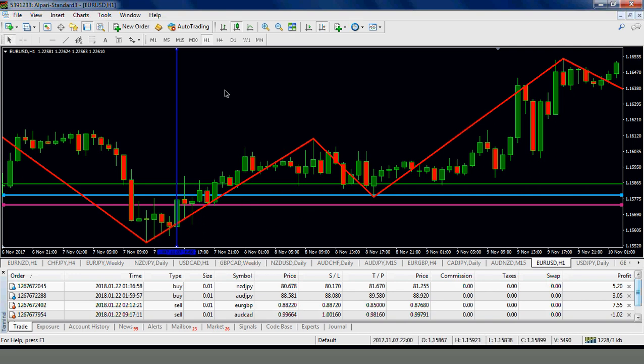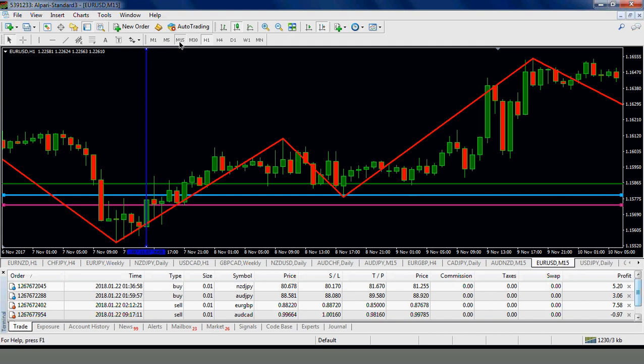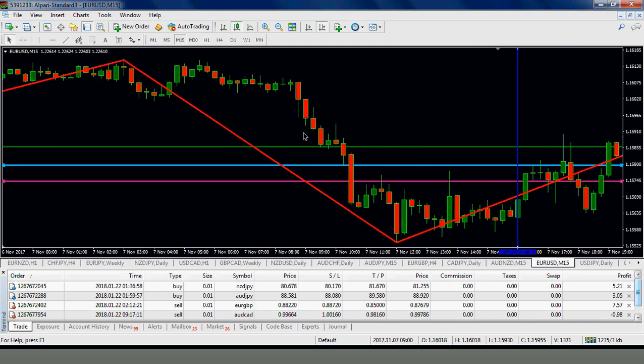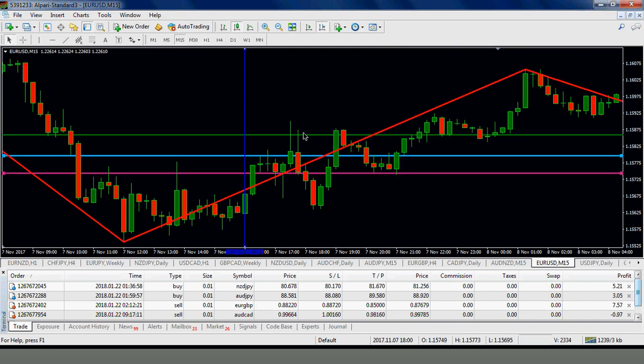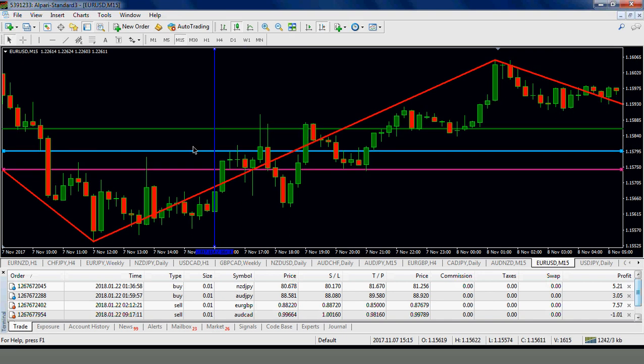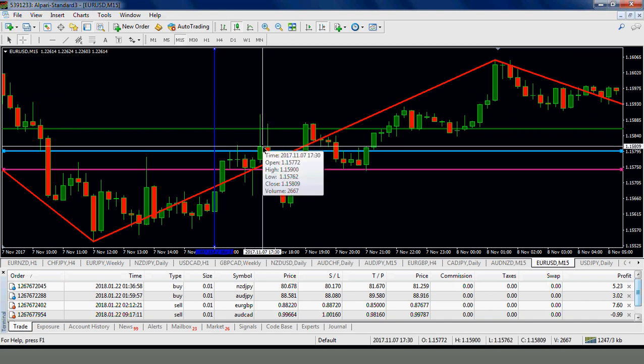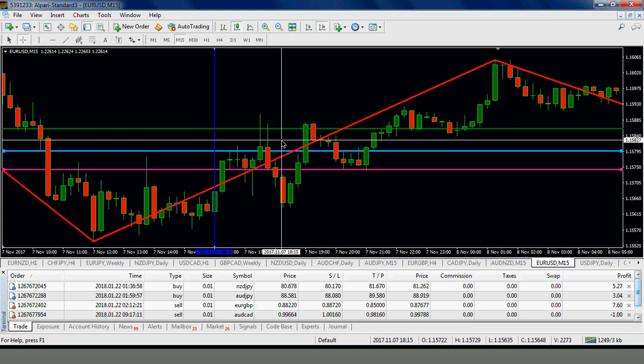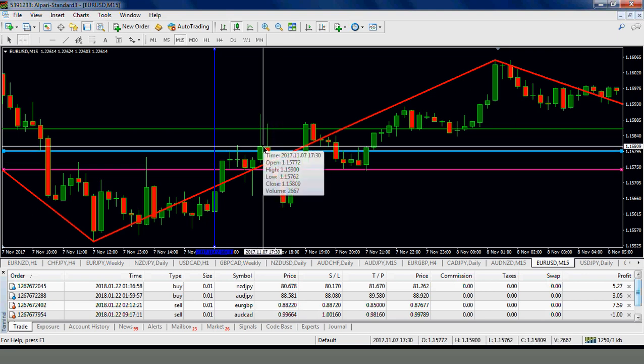So let's go to the 15 minutes time frame. We have the 1 hour and the 4 hour here. At this candlestick, the market broke both pivot lines, so it's at this point we will take the trade.